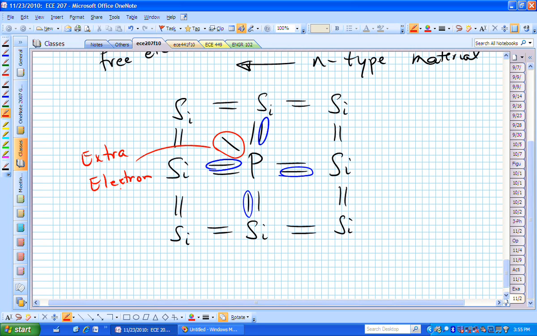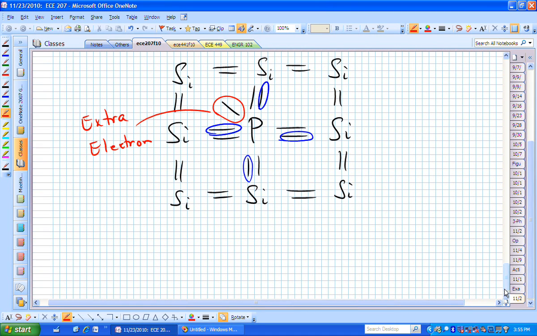an N-type material. Now the other thing that you can note, we haven't changed the chemistry of the phosphorus. It still has 5 protons in its nucleus, so it's still really a neutral element. But in terms of the outer electron shell, it's effectively like there's an extra electron out there.